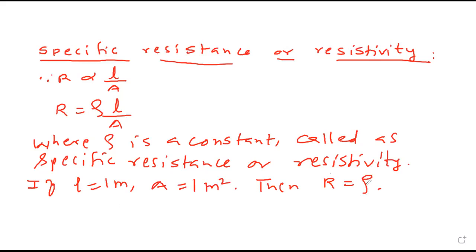Rho is specific resistance, defined as the resistance of a conductor having unit length and unit area of cross section.